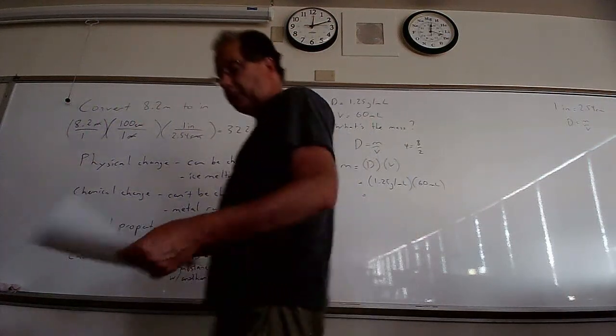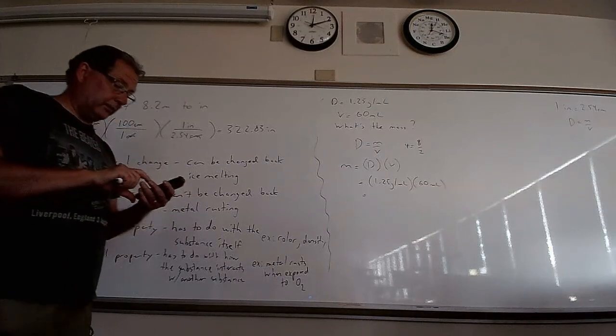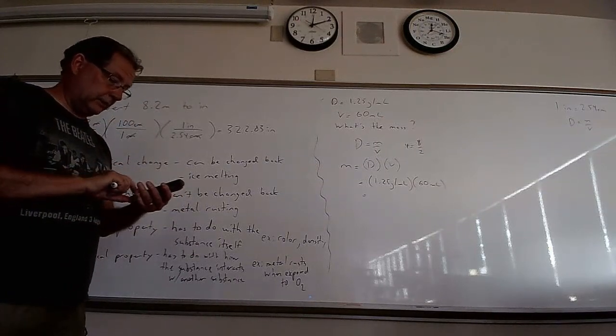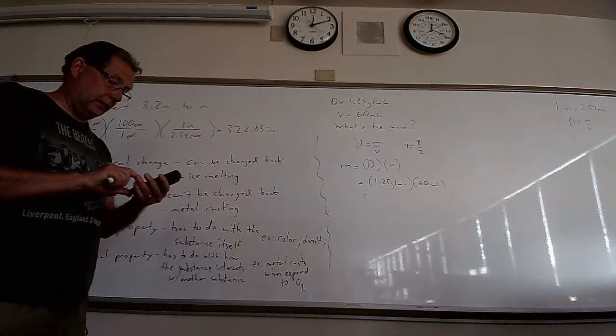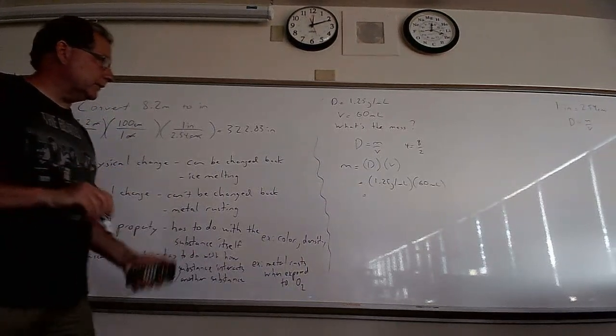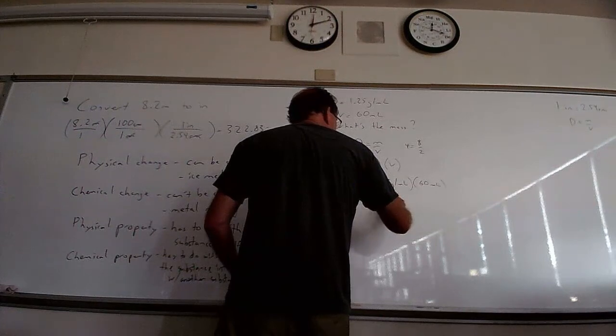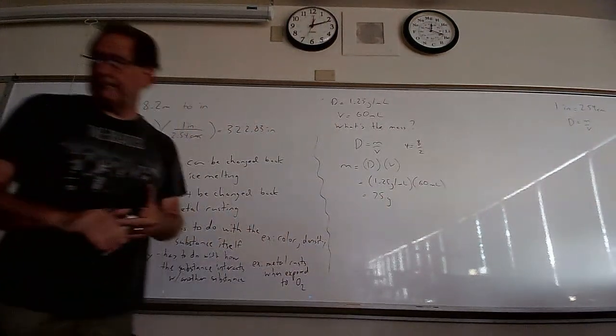Then I will punch that out on my calculator. I know I could punch these out ahead of time, but what fun is that? 1.25 times 60. I got 75. I made up this problem. I got a round number. This is crazy. Okay, so 75 grams is the answer.